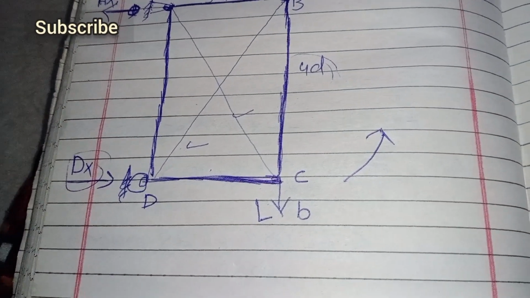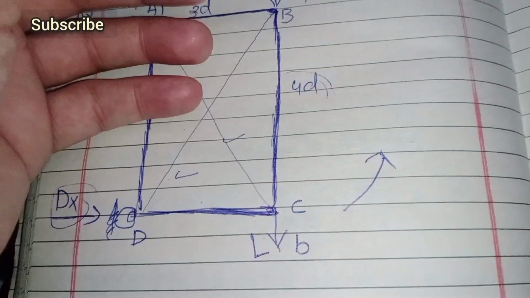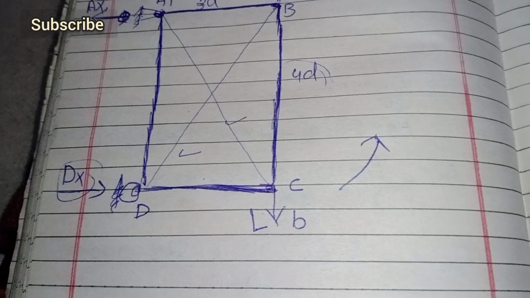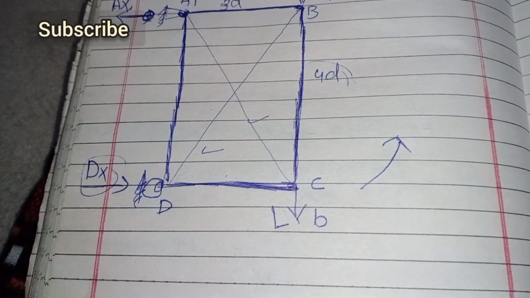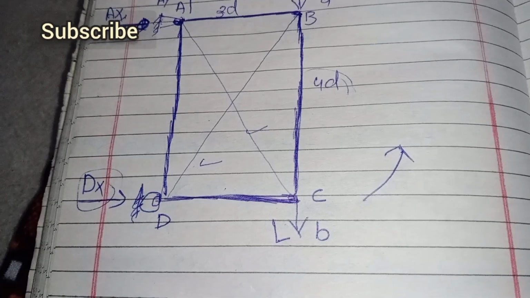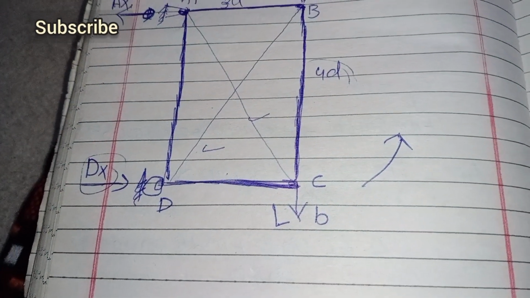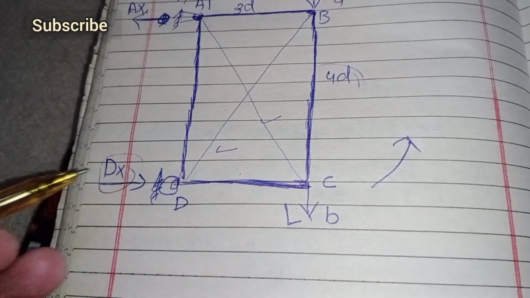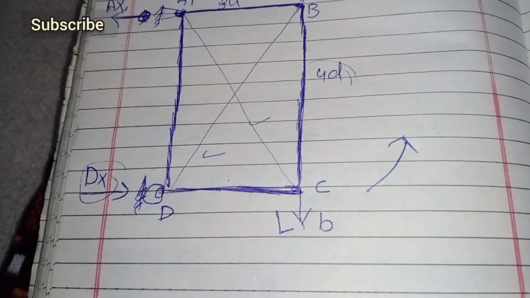How much load? It is the generalized equation. If the load is equal to 100, then DX will be 75 kilonewton. If the load is 1000 kilonewton, then DX will equal 750 kilonewton.